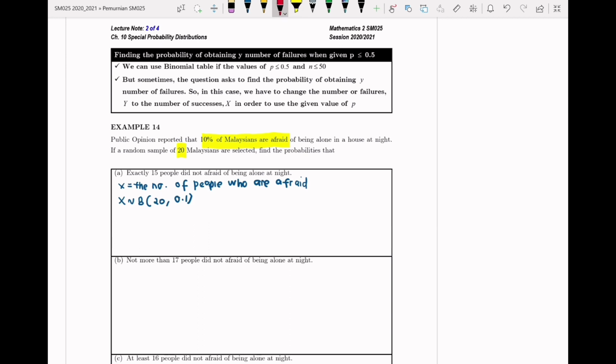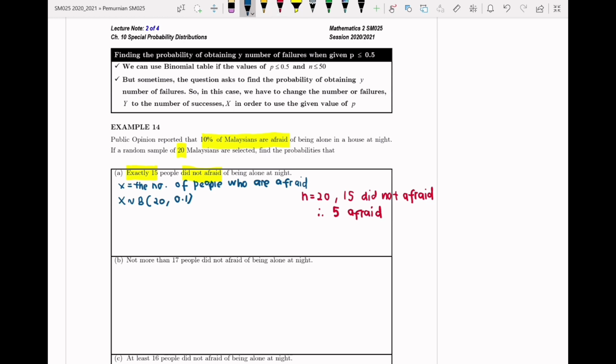The question tells us to find the probability that exactly 15 people are not afraid. So from n equals to 20, we have 15 people not afraid. Since we have let our distribution X as the number of people who are afraid, from 20 people, if 15 are not afraid, we only have 5 people afraid.